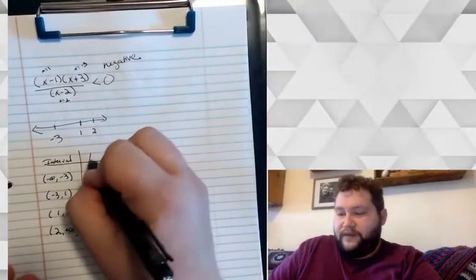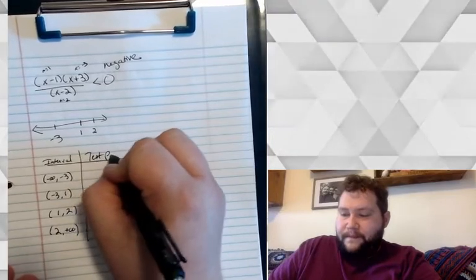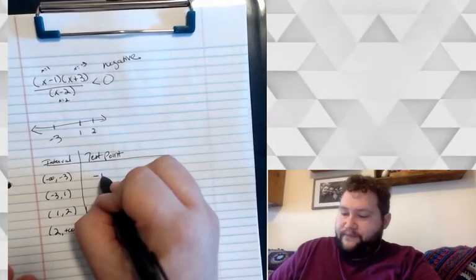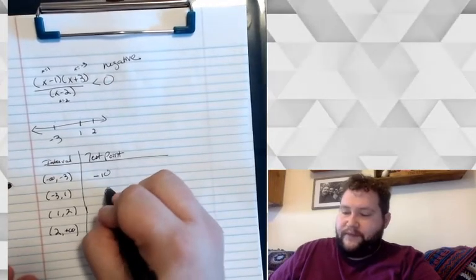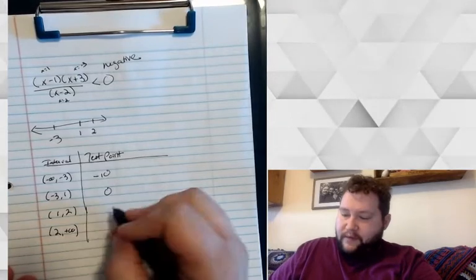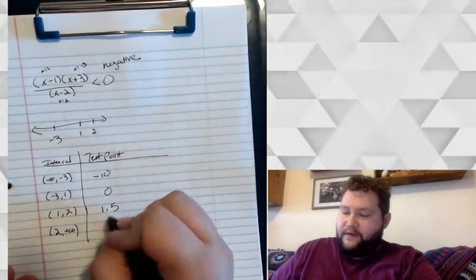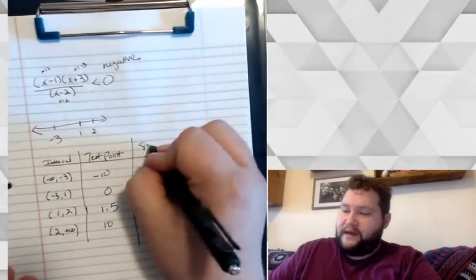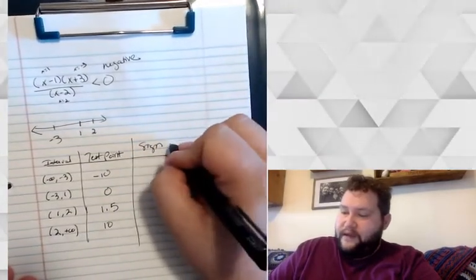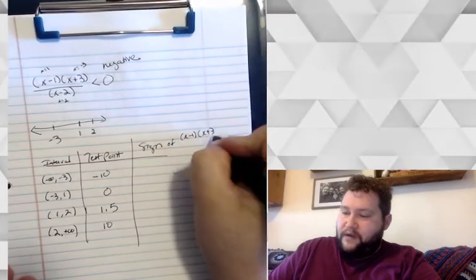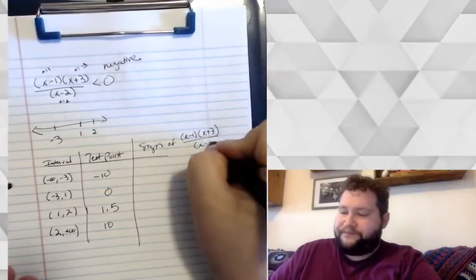Within each interval, we need a test point. So let's pick negative 10, 0. Unfortunately, between 1 and 2, there isn't a nice neat one, so we can use 1.5, and for 2 to infinity, we can use 10. And now we need the sign of x minus 1, x plus 3, all over x minus 2.